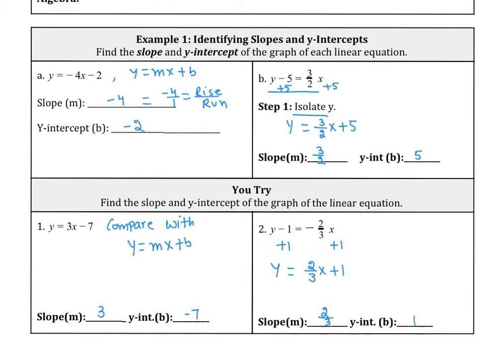You're going to get y equals -2/3x plus 1, and you compare it with y equals mx plus b, where m, the slope, is -2/3, and the y-intercept is going to be 1.